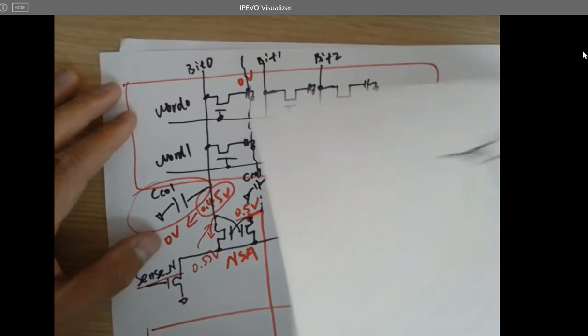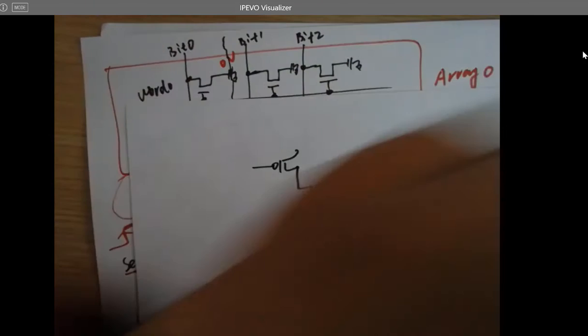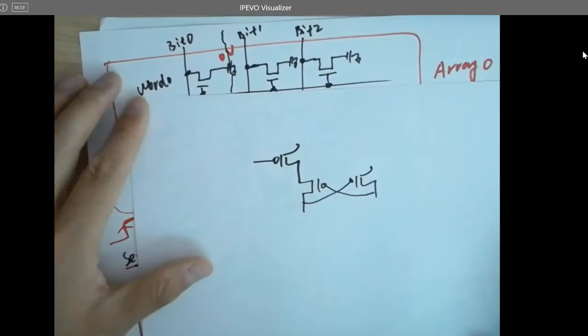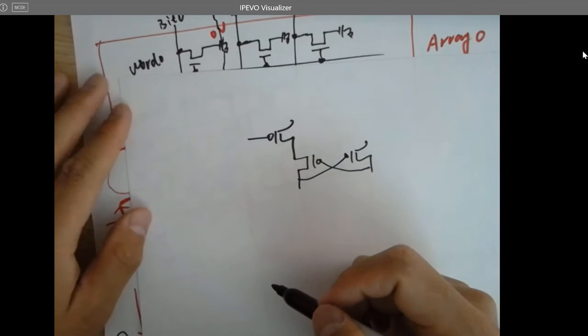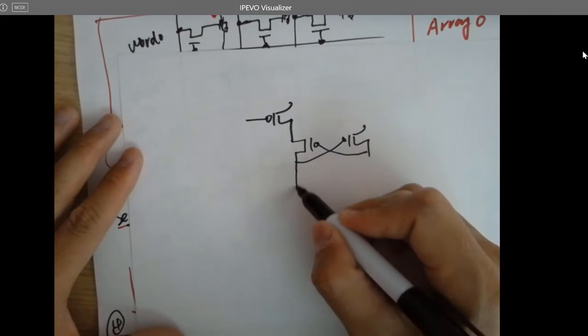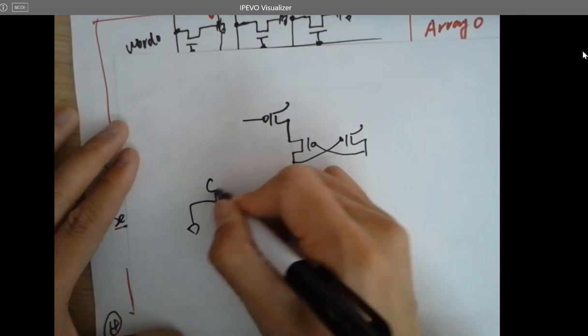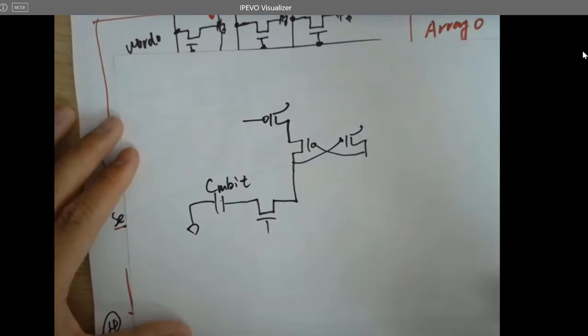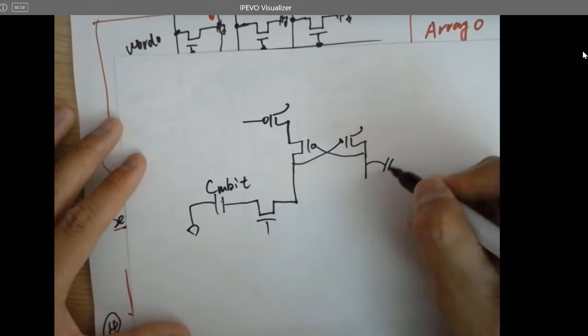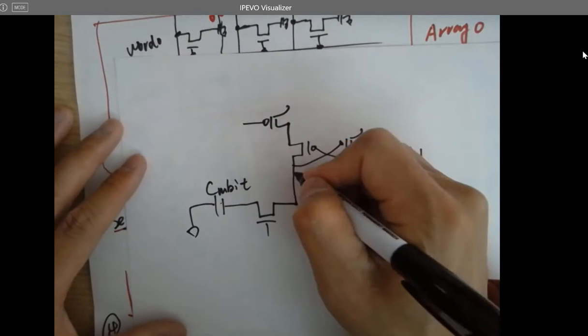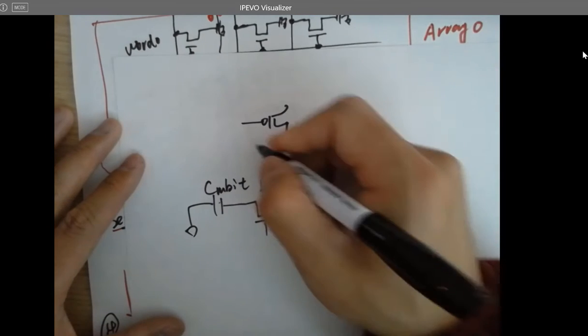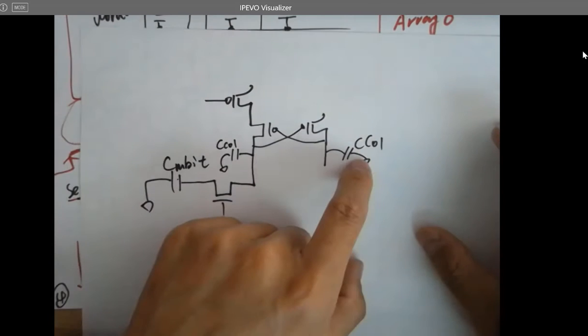So these are the bit lines. That's a parasitic column capacitance.